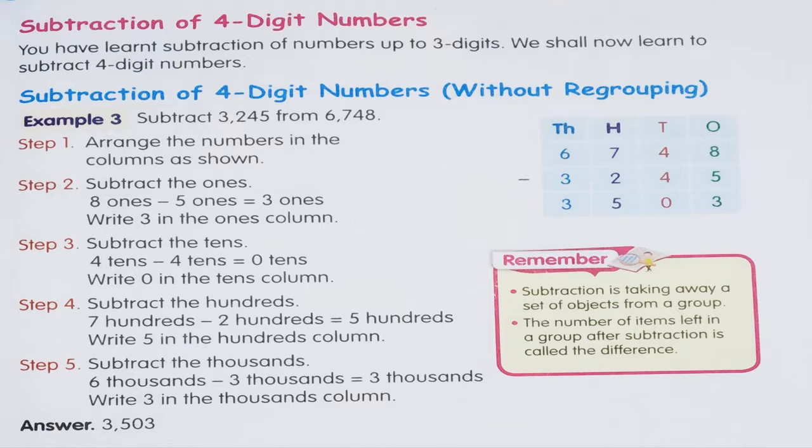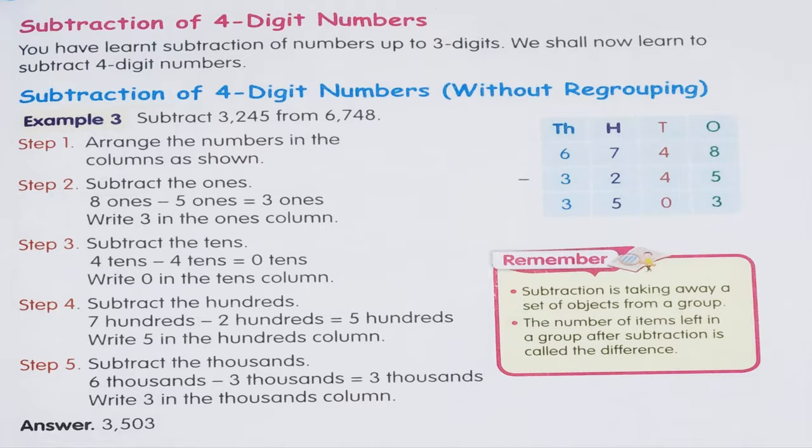Write 3 in the ones column. अब हम वंस वाले नंबर को सब्ट्रैक्ट करेंगे. 8 वंस में से 5 वंस को सब्ट्रैक्ट करेंगे तो हमें 3 वंस प्राप्त होगा और उस 3 वंस को हम वंस वाले कॉलम में लिख देंगे.